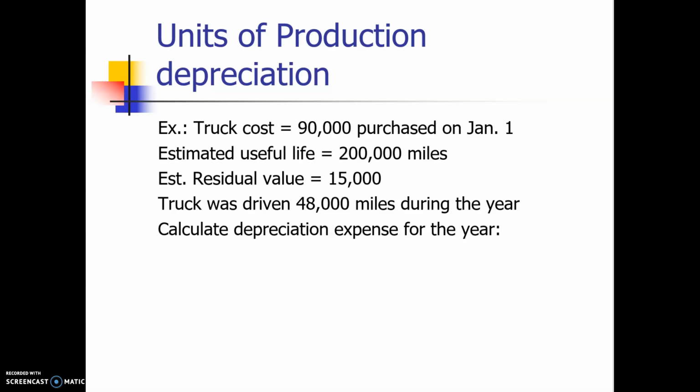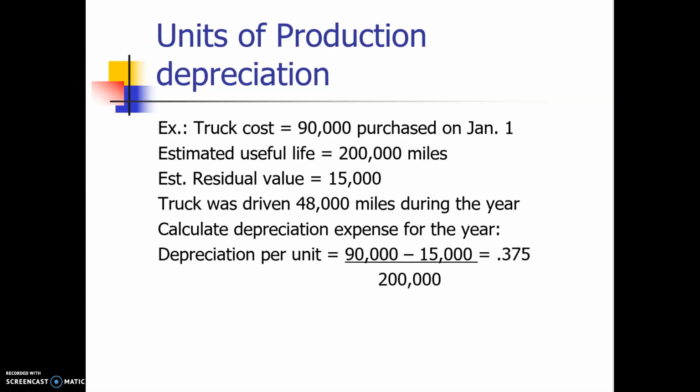The first time we're taking depreciation, we calculate the depreciation per unit by taking the depreciable cost, the 90,000 cost minus the 15,000 residual value. That gives us 75,000. We divide that by 200,000, which gives us 0.375. So our depreciation per mile is 0.375.